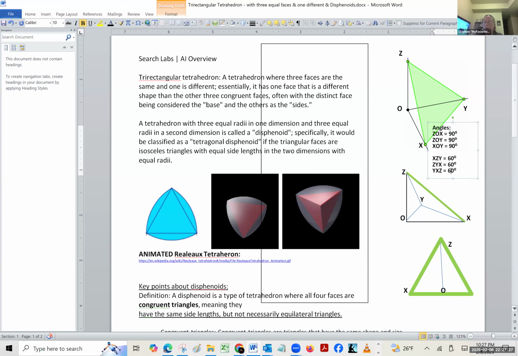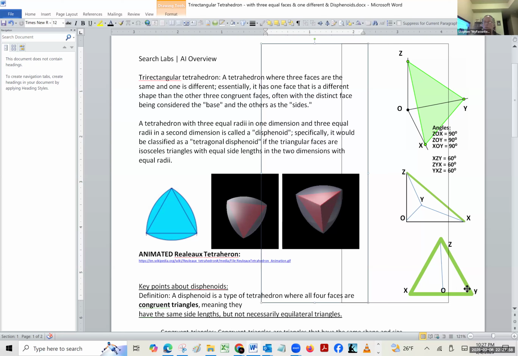I've got to come down here and give myself a Y right here. I don't know what happened to it, but I'm going to put it in there. Well, that's curious.